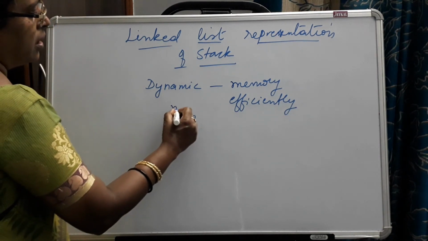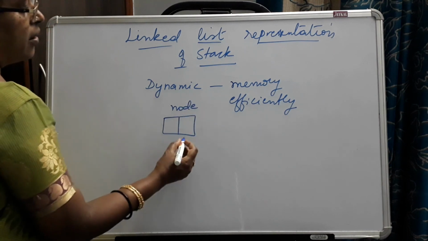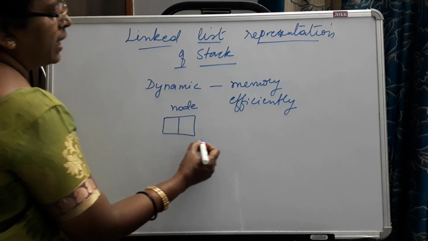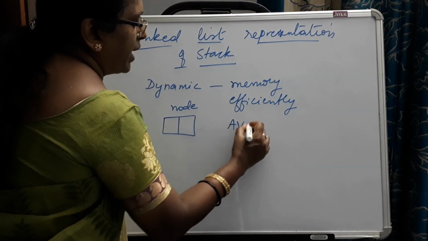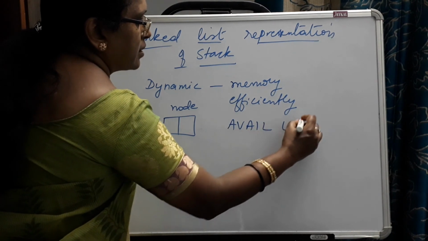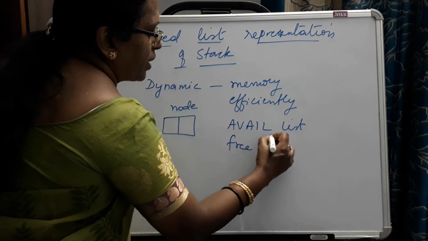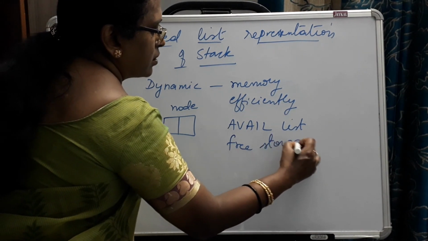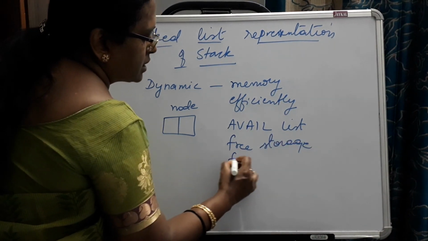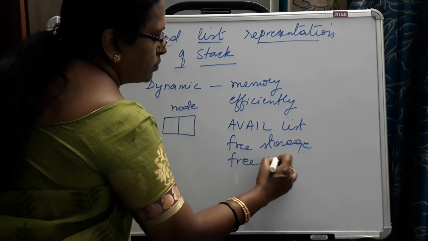A node is a free space available in the avail list or free storage, or it is also known as free pool.